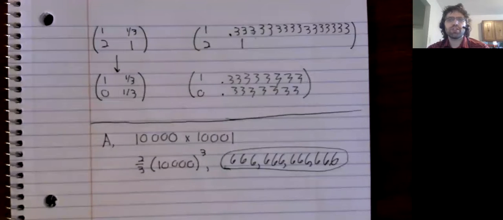Computer algorithms use a technique called partial pivoting to combat this.